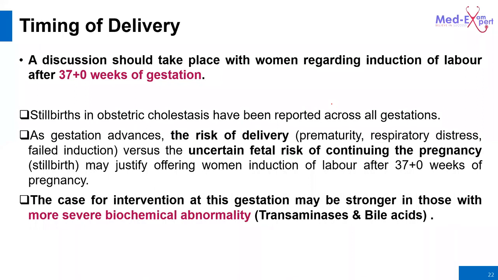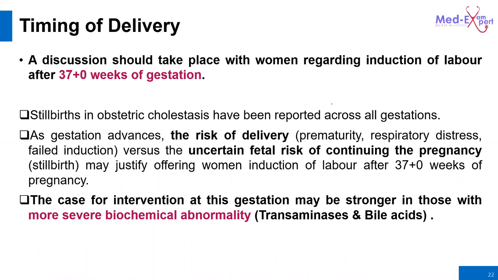To balance the risk of prematurity against the risk of continuing pregnancy, most studies agree that the best time to offer delivery is after completing 37 weeks of pregnancy, especially if the ladies suffering the condition have more severe biochemical abnormality.